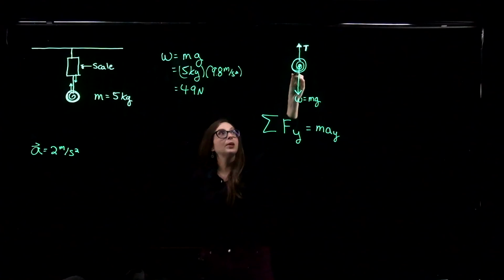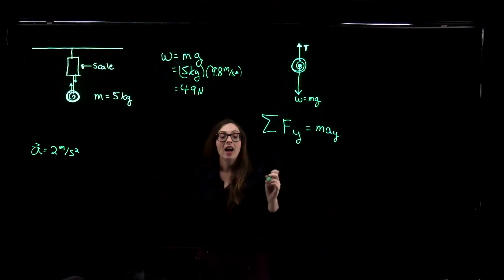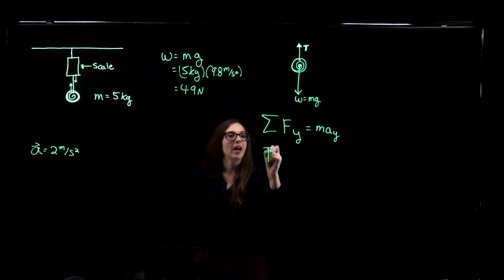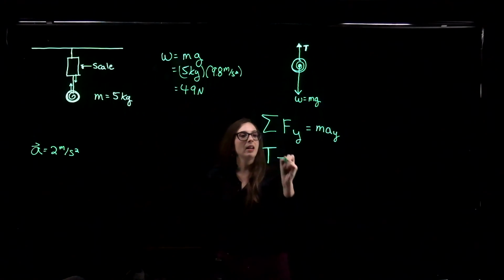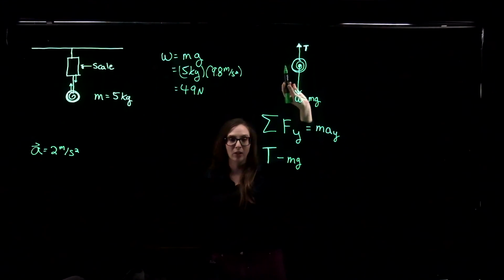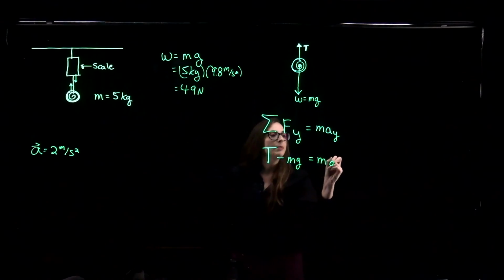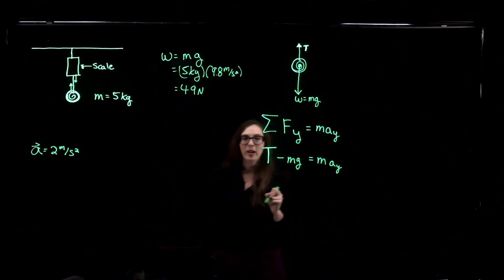So from my free body diagram of my meteorite here, I've got the tension pulling upward that's attached to the scale, that's what the scale is reading, minus the weight of my object, mass times gravity, minus, because that vector is pointing down and the tension vector is pulling up, and that equals the mass times the acceleration of the system in the y direction.